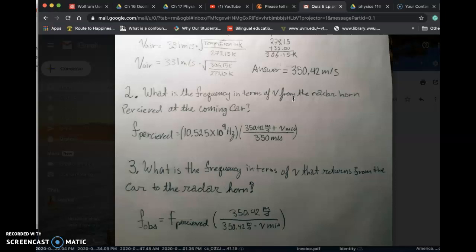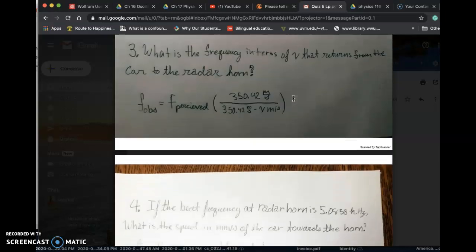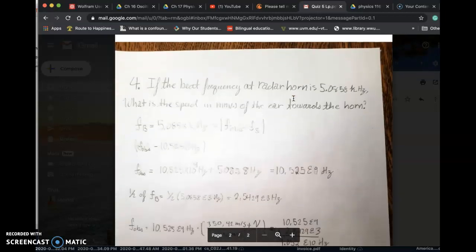And then for F of number 3, it is the perceived answer for number 2 times 350.42 divided by (350.42 minus the velocity of said car).